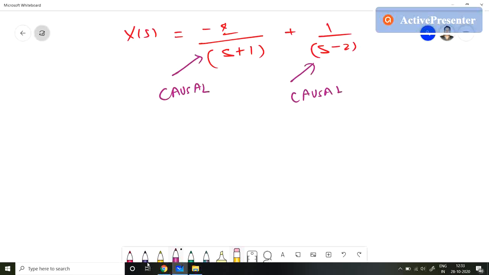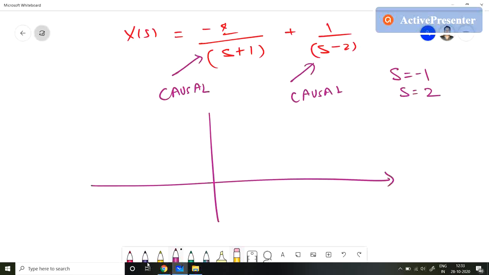So if both signals are causal, then what are the poles? The poles are s equal to minus 1 and s equal to 2. We know that if both signals are right-sided, then the ROC will be right of the rightmost pole.